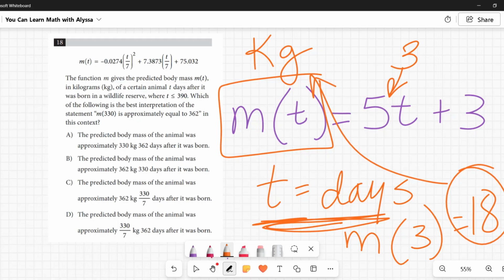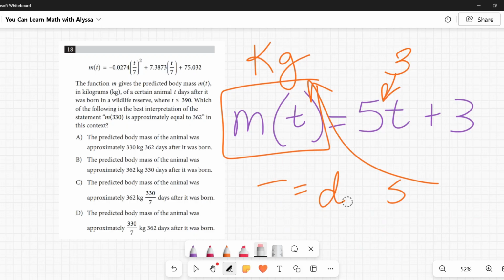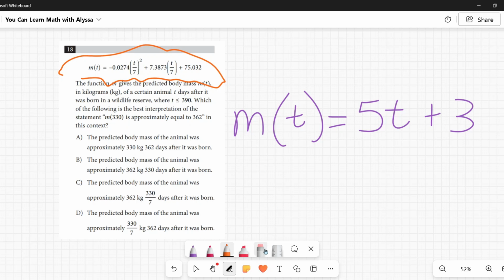That m of 3 would be 18 means that when the animal is 3 days old, they have a mass of 18 kilograms. That's it. t represents the number of days, and the result, m of t, in this case with the number of days being 3, m of 3, is the mass of the animal. So the fact that this equation over here is so fancy with all these lengthy decimals and squares and fractions, it's the same thing.